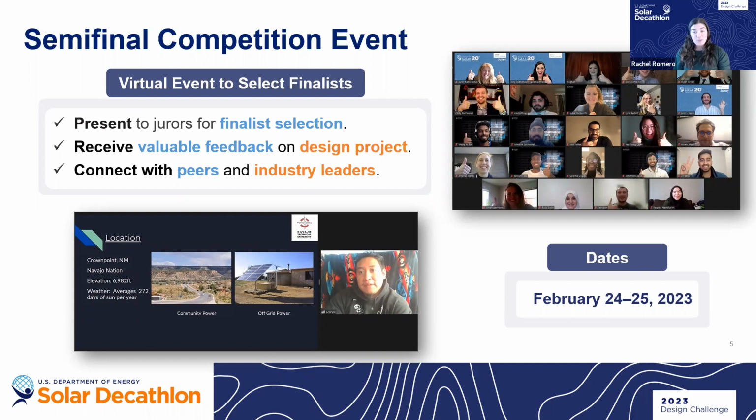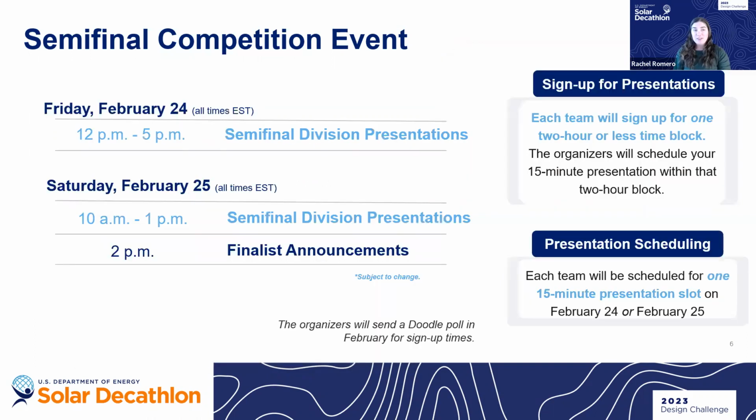So this is February 24th and 25th, and we look forward to seeing the teams at that time. The semifinal competition event will run February 24th and 25th. It's mostly semifinal division presentations, and then we'll conclude with short finalist announcements.